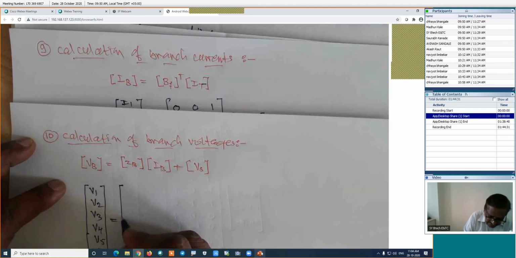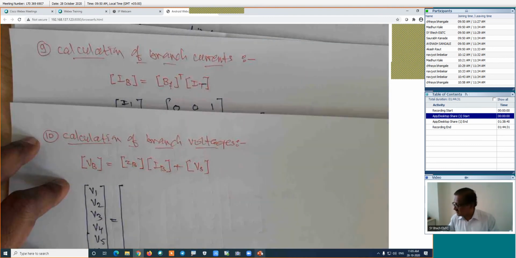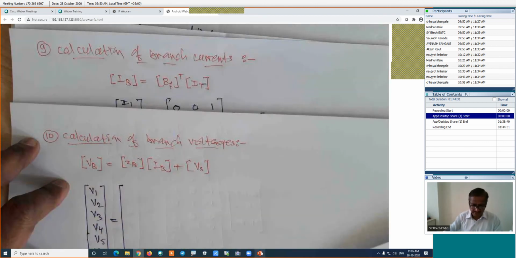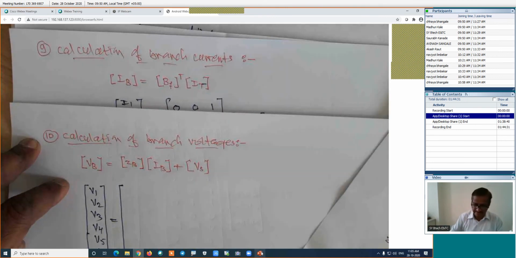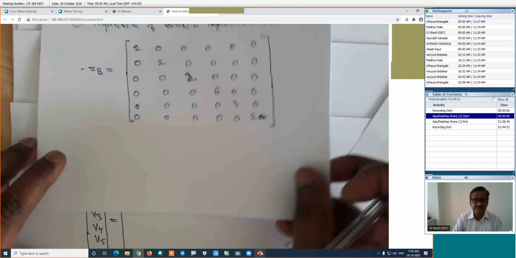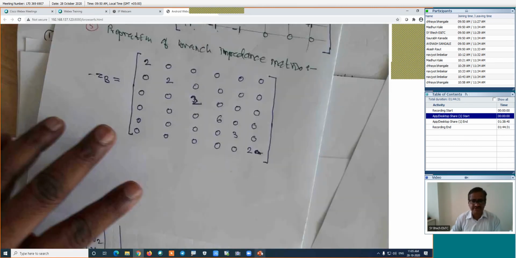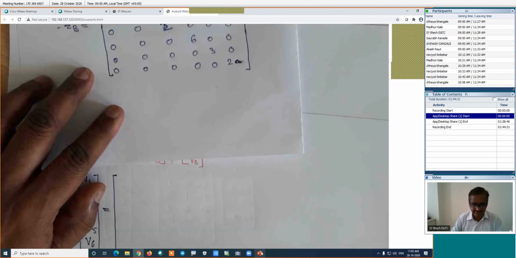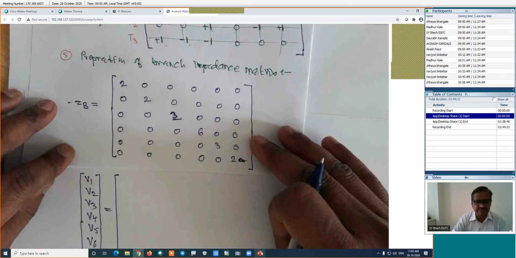It's equal to ZB. ZB is the branch impedance matrix, which is something like this.